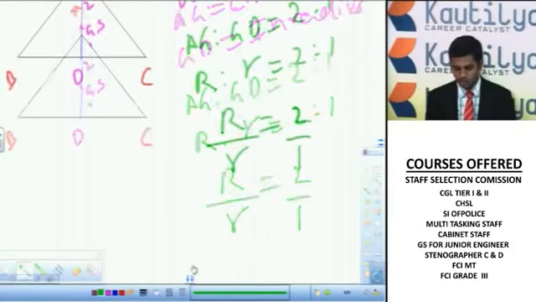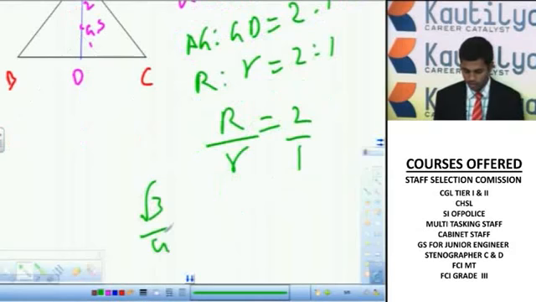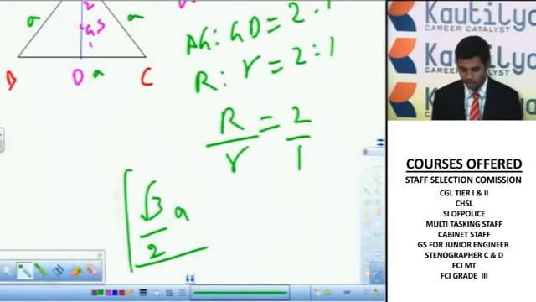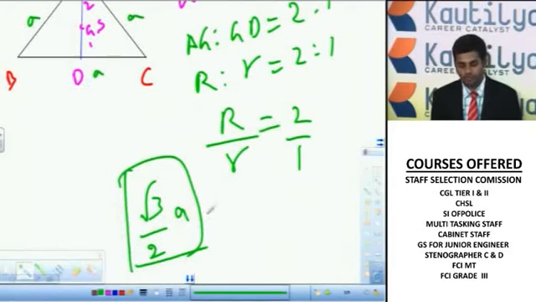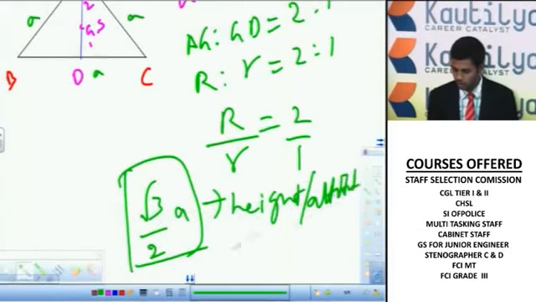Similarly, let a be the length of the side of the equilateral triangle. This is the height or altitude of the equilateral triangle.